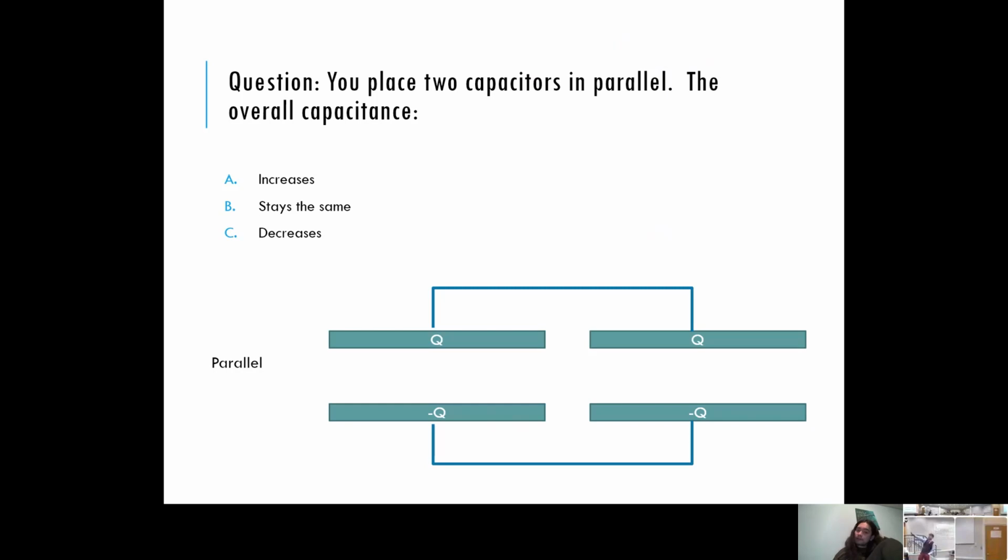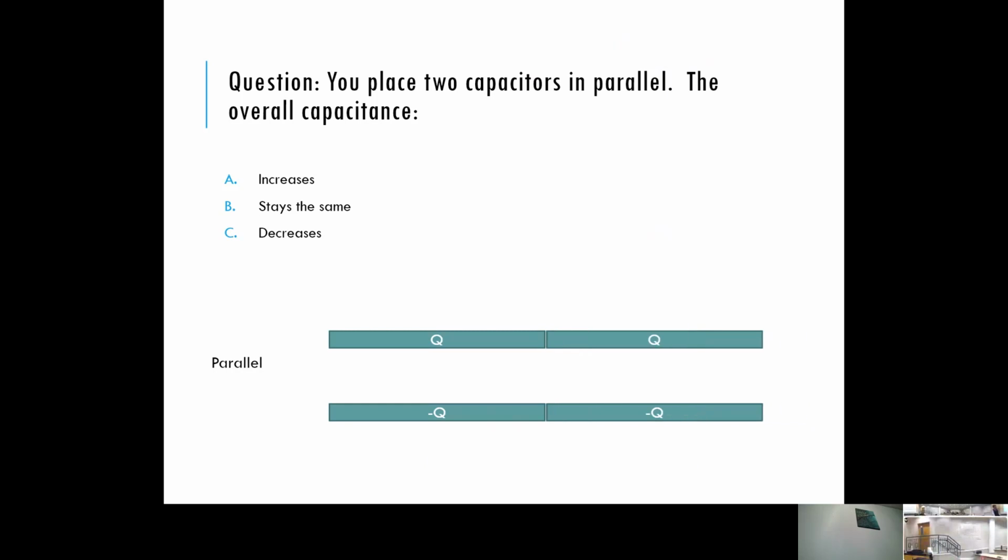And so the question becomes, how does this change? If I have 2 capacitors in parallel, what happens to the overall capacitance? I took one capacitor, and now I stick a second one next to it. Does it go up? Does it stay the same? Does it go down? It increases. Conceptually, rather than thinking about 2 parallel plate capacitors, think about the fact that wires are free.